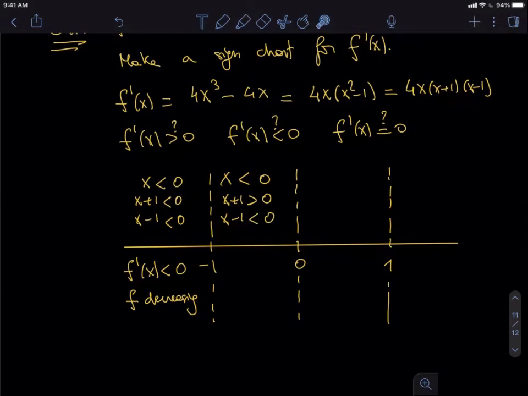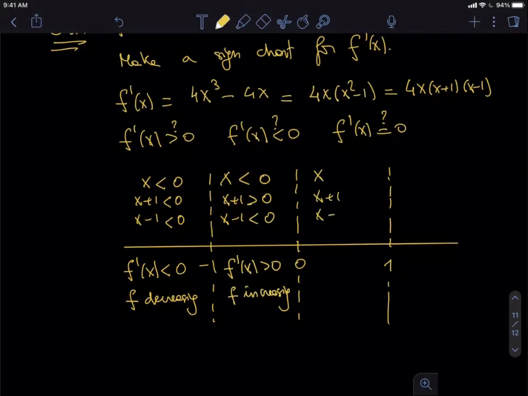So negative times negative is positive, times positive, positive. So because the derivative is positive, we have that f is increasing. Okay, 2 out of 4.